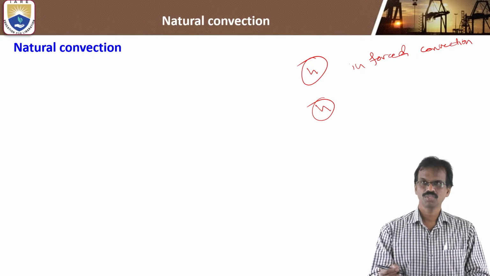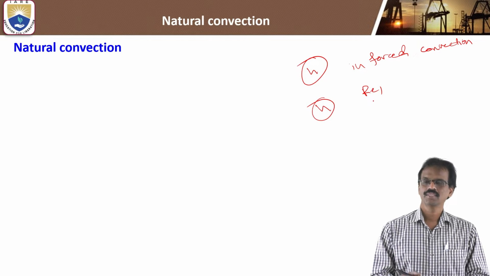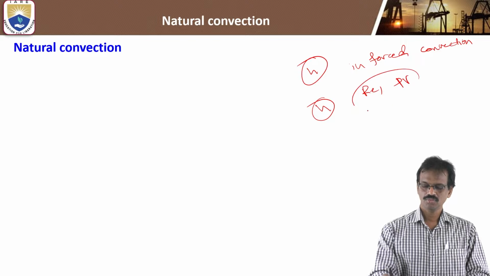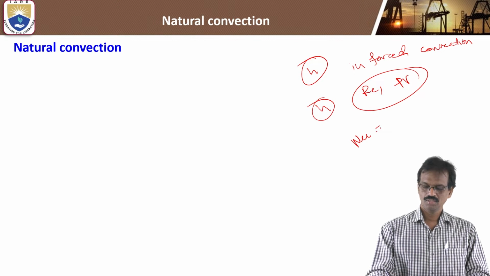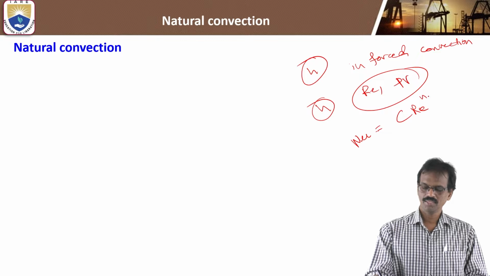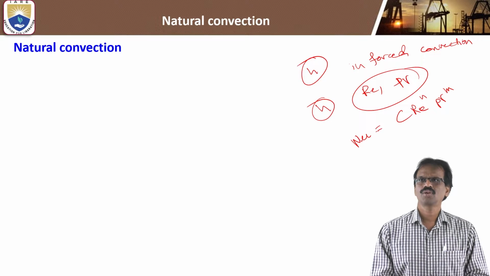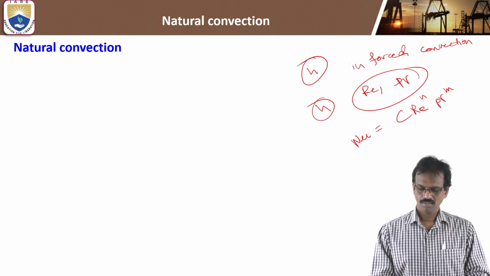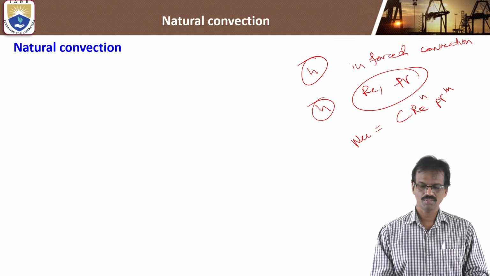Because in forced convection, we have to find the Reynolds number and the Prandtl number. The Nusselt relationship is the combination of C into Reynolds number to the power of n into Prandtl number to the power of m. So C, n, m are constants that depend upon the geometrical construction of the solid surfaces.